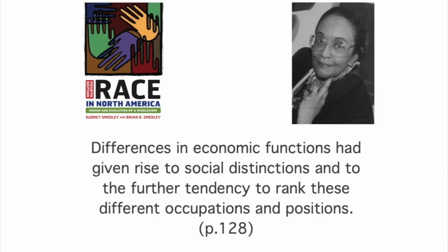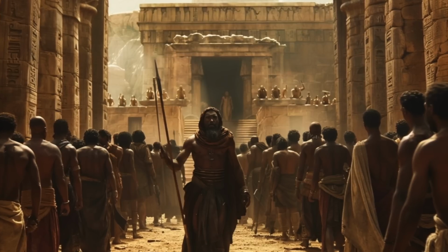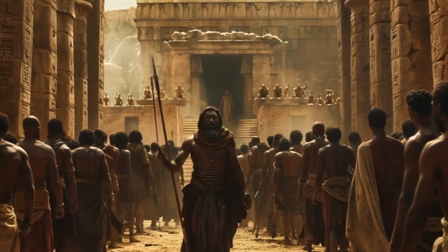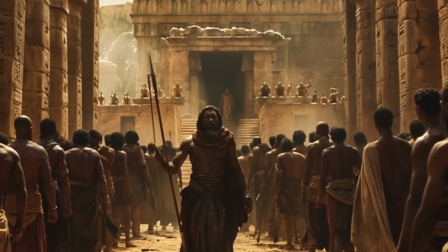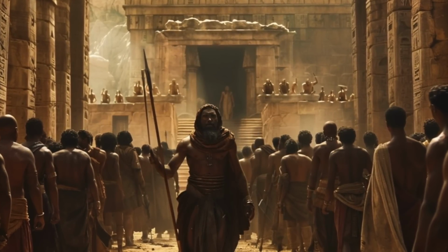Differences in economic functions had given rise to social distinctions and to the further tendency to rank these different occupations and positions. Moreover, power and privilege had become politically concentrated in the hands of specific functionaries. Slavery arose, then, in inegalitarian societies in which the concept of one man having power over others was already developed.